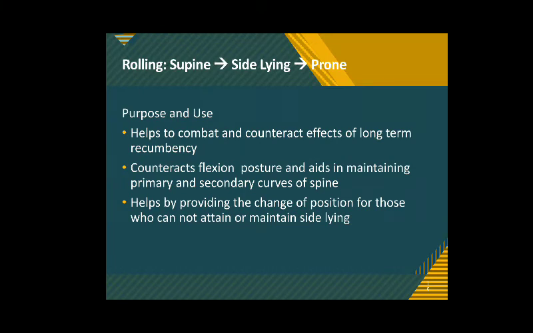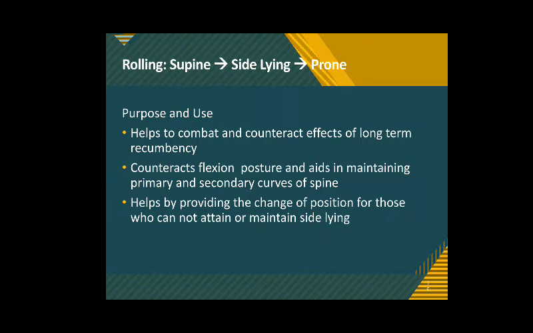Purpose and use: it helps to combat and counteract effects of long-term recumbency. It counteracts flexion of a posture and it aids in maintaining primary as well as secondary curvatures of the spine.